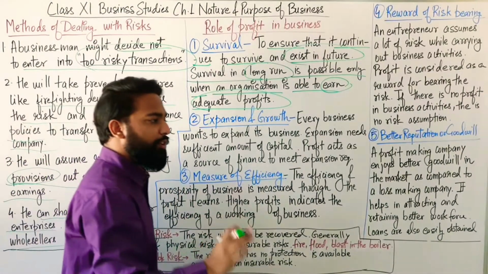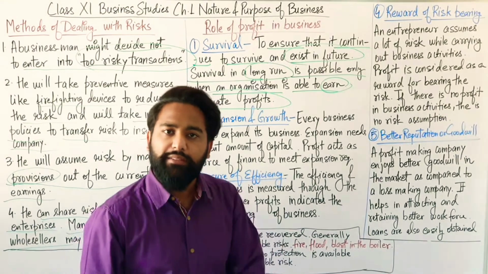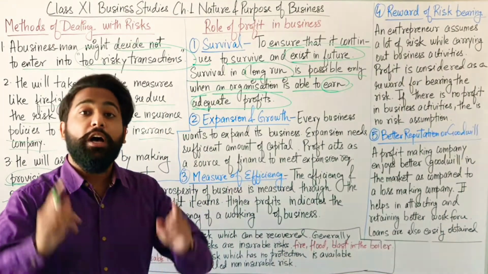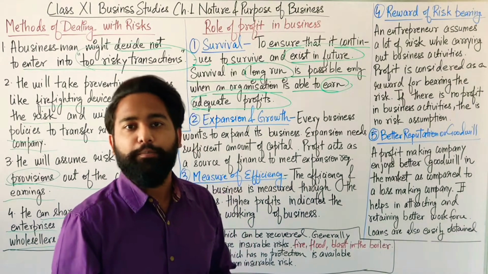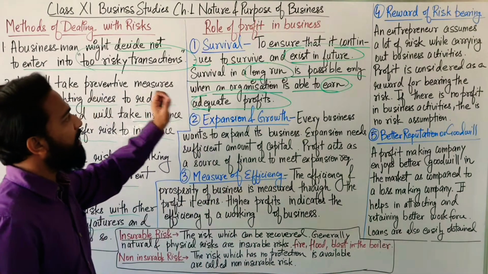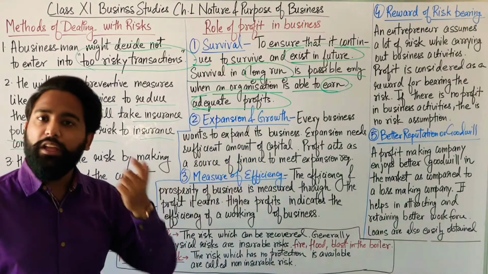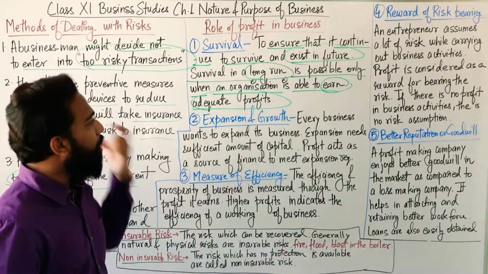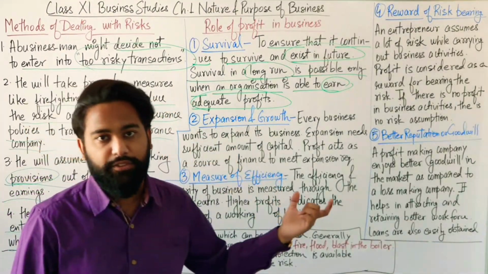If a business firm is earning adequate profits, only then will it be able to survive for a longer period of time. Otherwise, it will die shortly. So survival is the foremost, the important benefit of profit. Without adequate profit, we cannot survive in business.